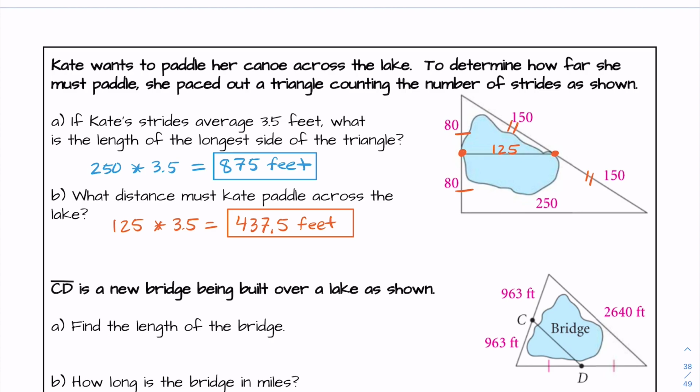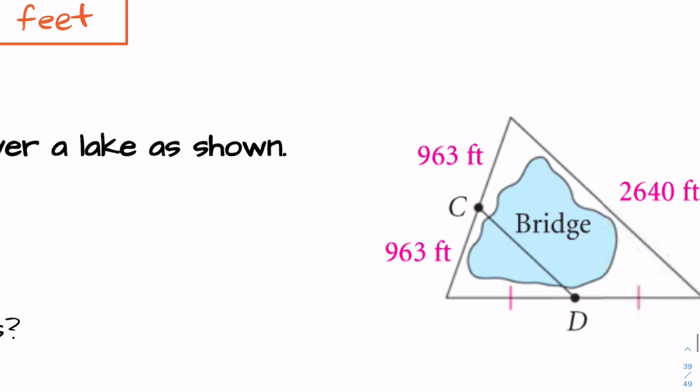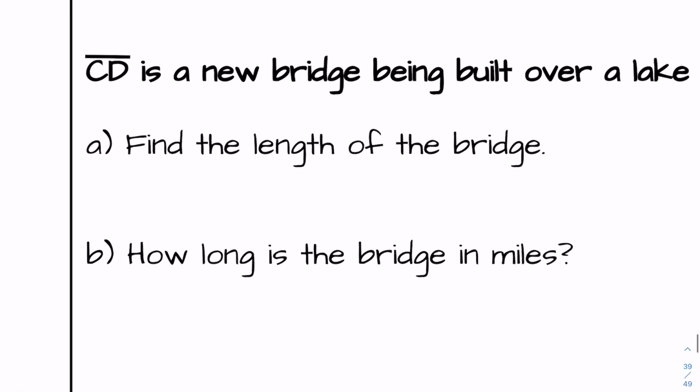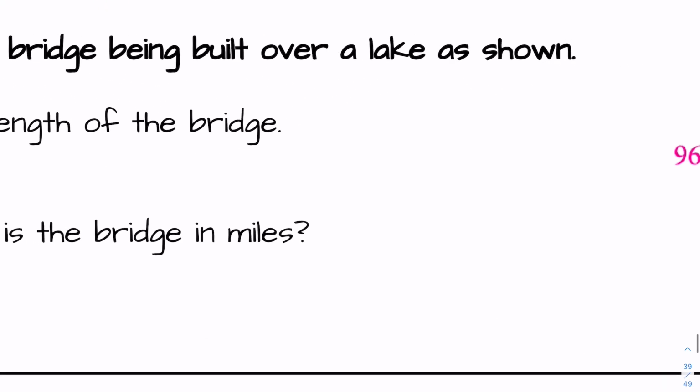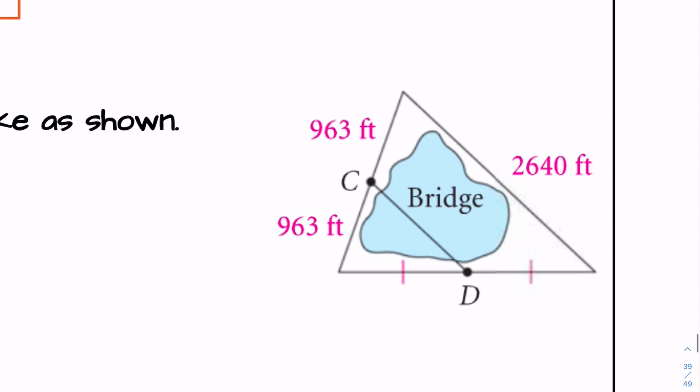Great. The next one, CD, is a new bridge being built over a lake as shown. And so the question is, what's the length of the lake? How long is the bridge in miles? Sorry, here's your bridge. It's going to be half of this number.